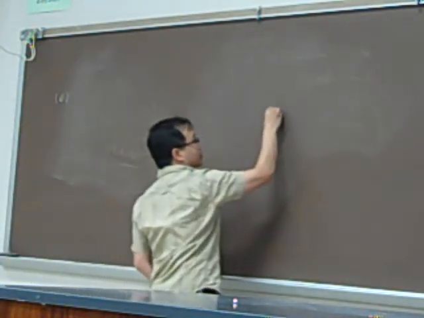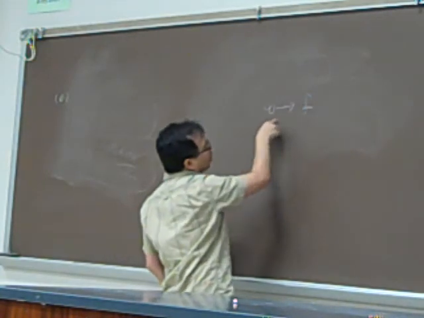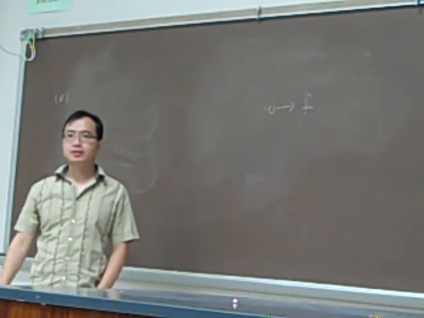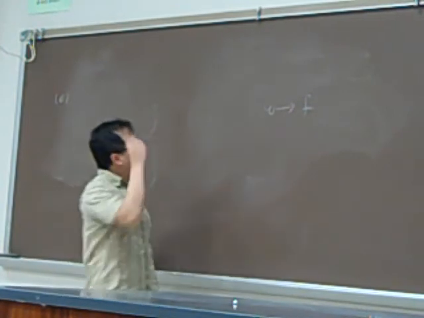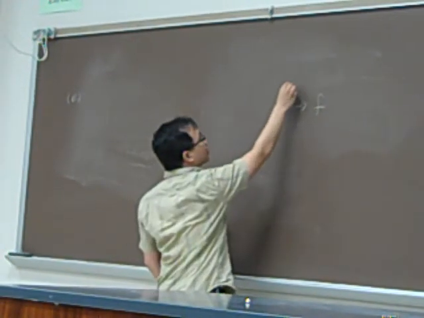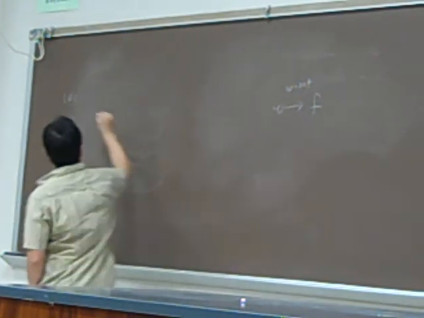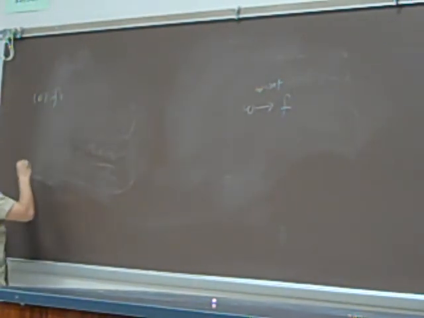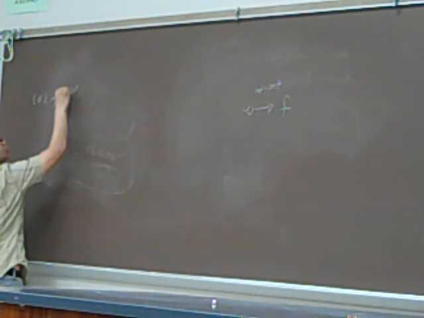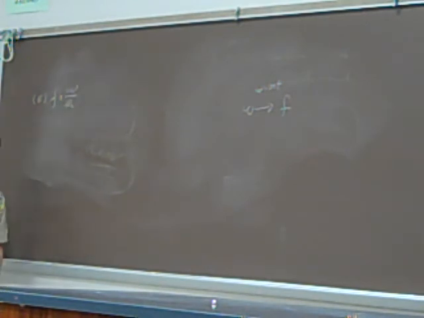So we need to first calculate omega and then calculate the frequency. What's the relationship between omega and frequency? I think it's omega equals 2 pi f. So f equals omega over 2 pi. How do we know omega?